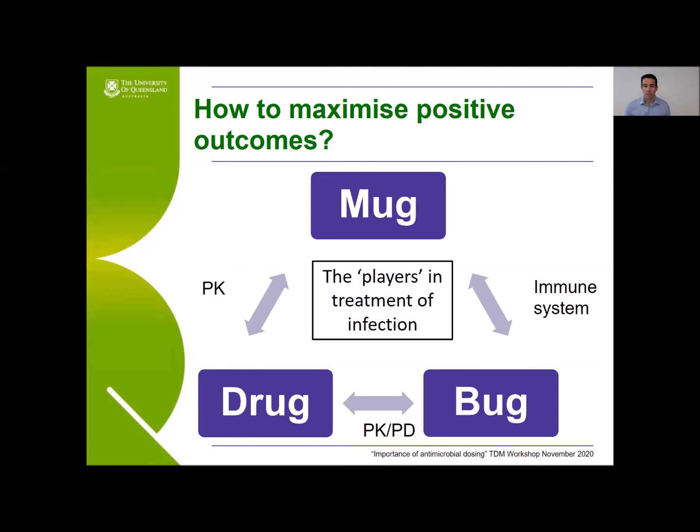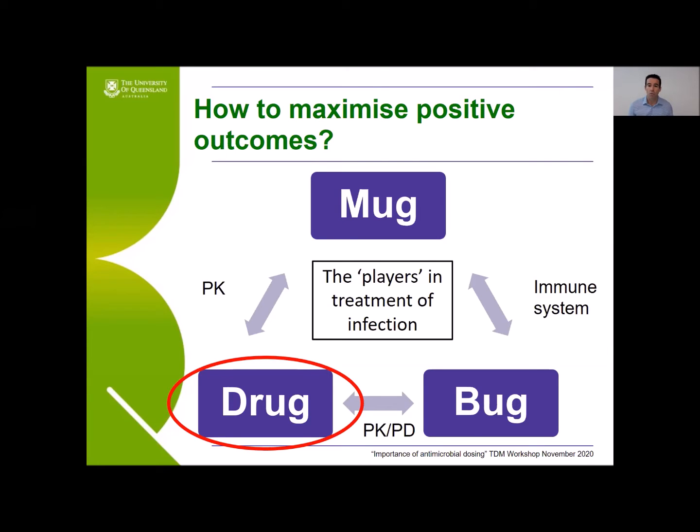So this is a slide I'm sure many of you have seen, and it really is trying to define what the interaction is between patients, antimicrobials and pathogens, and how that interaction influences each other and can determine whether or not the patient is likely to manifest a positive outcome. So if we think about these three players in the treatment of infection, what we can control as clinicians is really that we can control the drug.